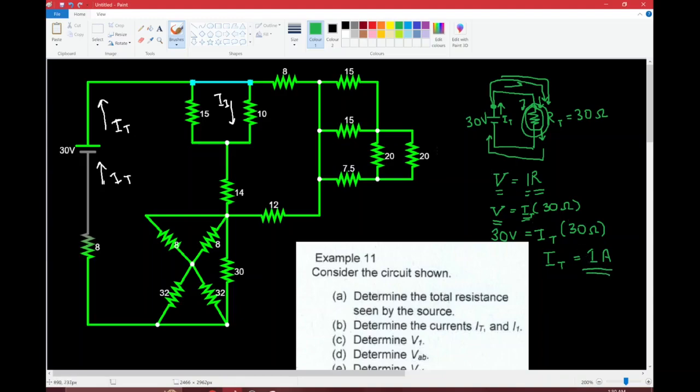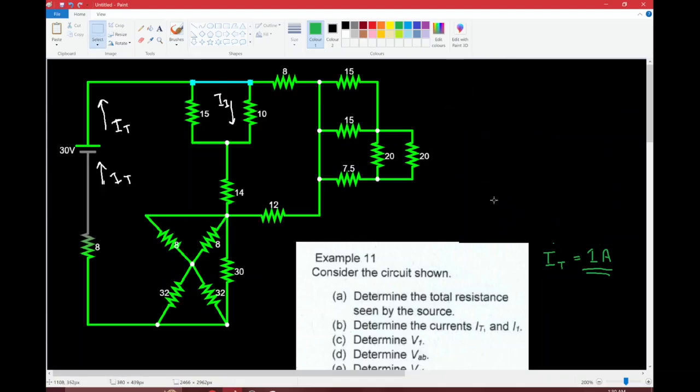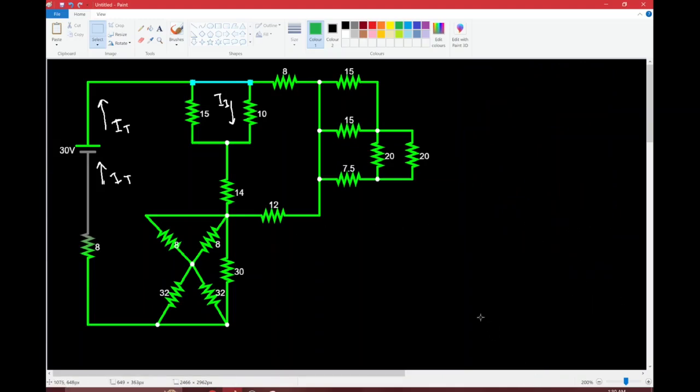So easy peasy. Now let's try to find the current for I1. So I'm just going to clean up a little bit, and maybe I'll get rid of this for now too. Okay, so for I1, I1 is the current moving through this resistor over here.